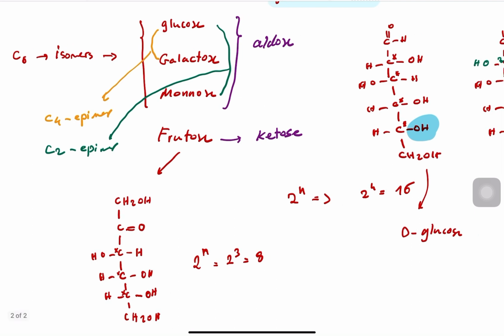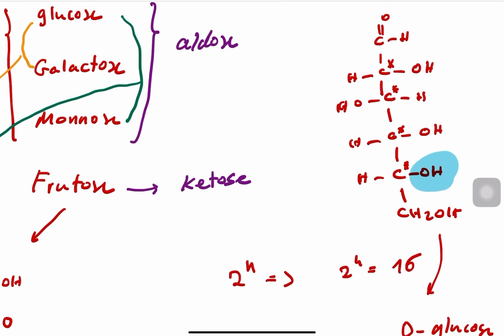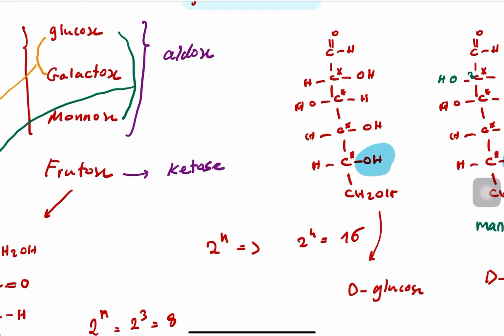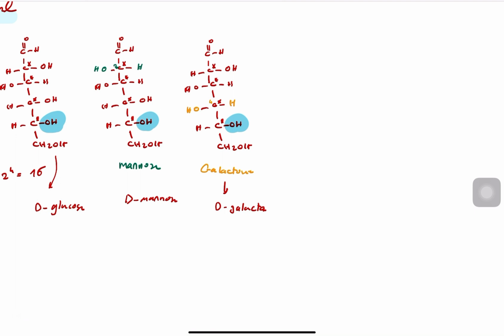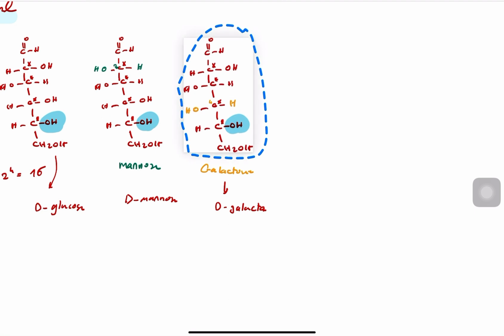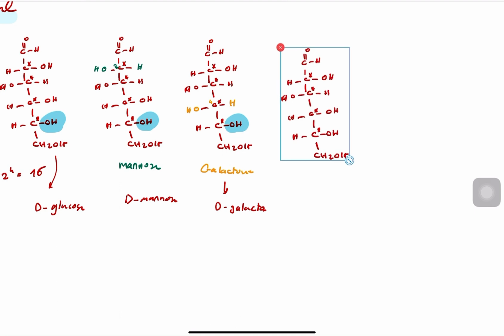Now, we can make a mirror image. For example, if we have a glucose here, I copy this molecule. For example, I use galactose. If I make a copy of galactose, I'm sorry, I copied the glucose, but no problem, I correct it.